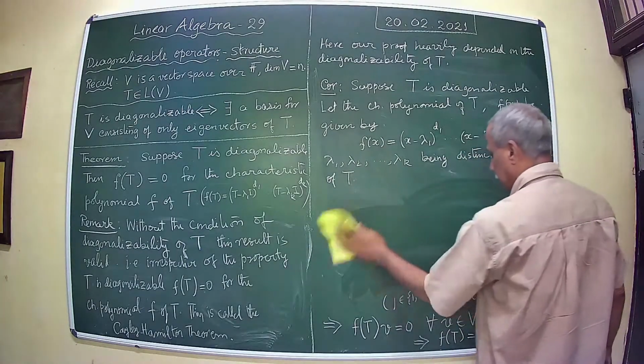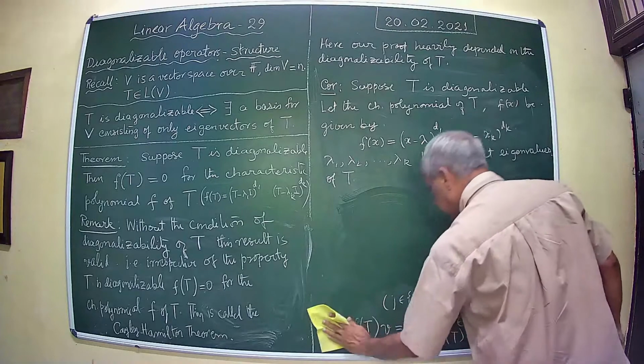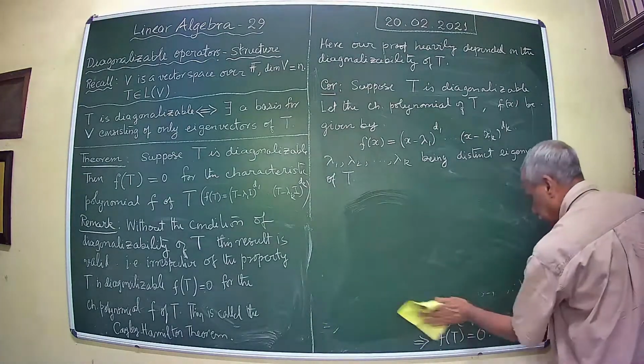And you know that the algebraic multiplicity equals the geometric multiplicity, since we have assumed that T is diagonalizable.